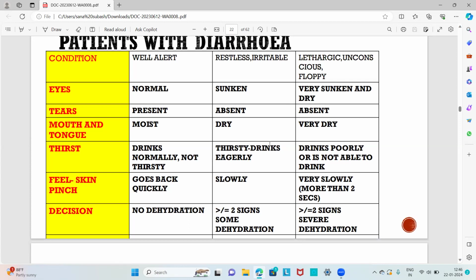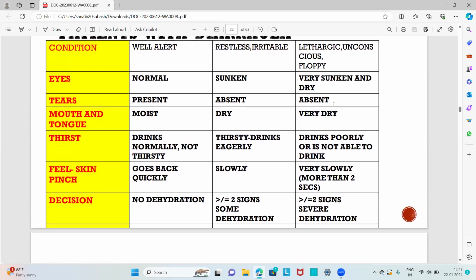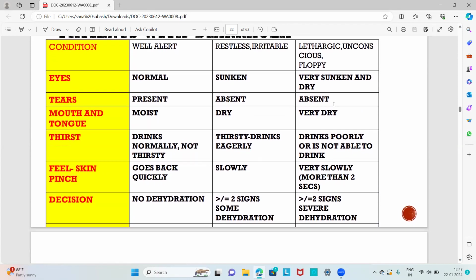In some dehydration, the child is eager to drink, but in severe dehydration, the child drinks poorly or is not able to drink properly. While assessing the skin turgor, when we pinch the skin it goes back very slowly, more than 2 seconds. If two or more of these signs are present, the child is classified as acute diarrheal disease with severe dehydration and managed accordingly.